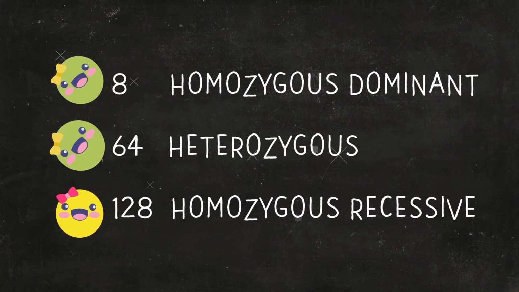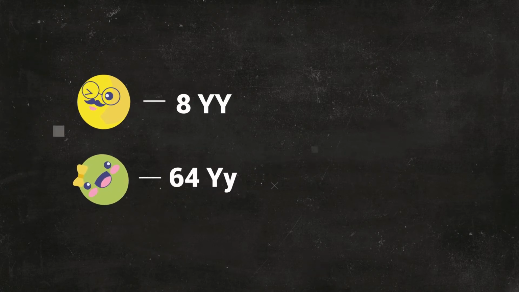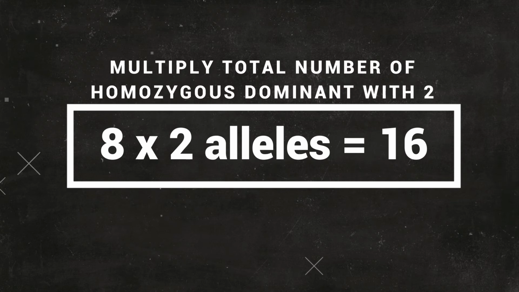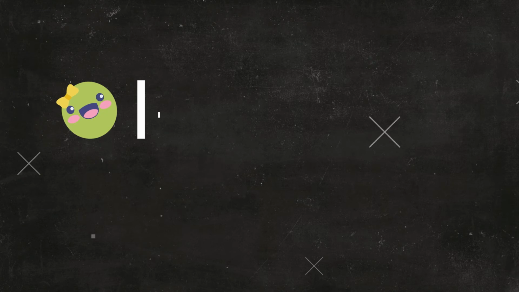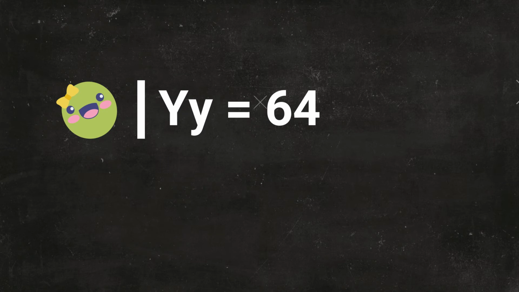In order to calculate how many dominant alleles, let's look at the information that we have. We know that there are 8 homozygous dominant pea plants and there are 64 heterozygous pea plants. So what you have to do is multiply 8 by 2 alleles, as each of these 8 pea plants has 2 dominant alleles for the seed color gene. So now you have a total of 16 alleles. Now let's look at the 64 heterozygous pea plants. Unlike the homozygous dominant pea plants, the heterozygous have 1 dominant allele, the big Y, and 1 recessive allele, the small y.